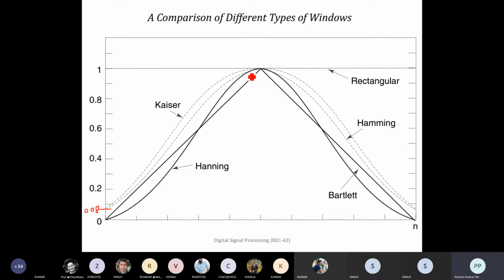So this is the response of the Hamming window. Similarly, this is the generalized Kaiser window response. If we plot it, it varies from a fixed constant value to a maximum value, and then goes down.